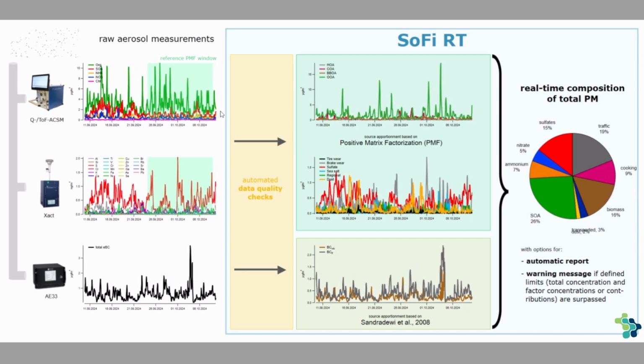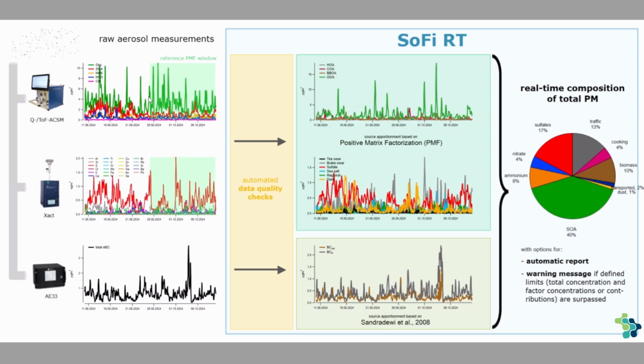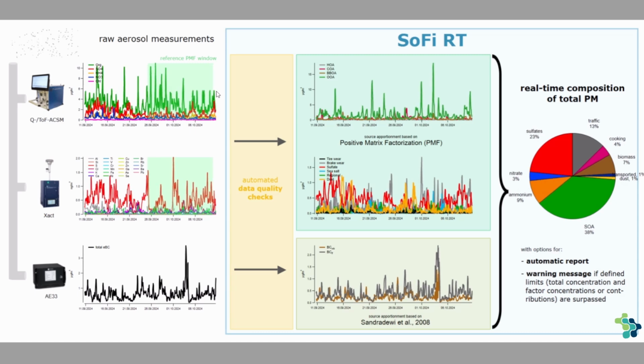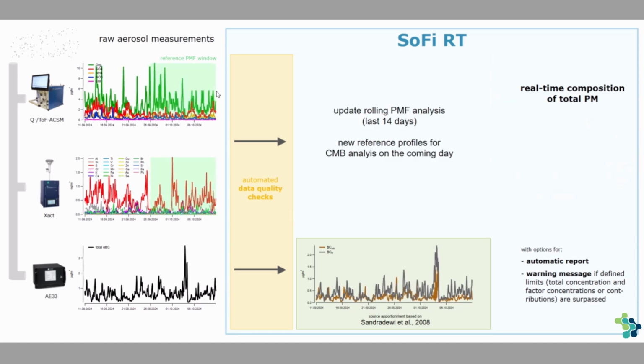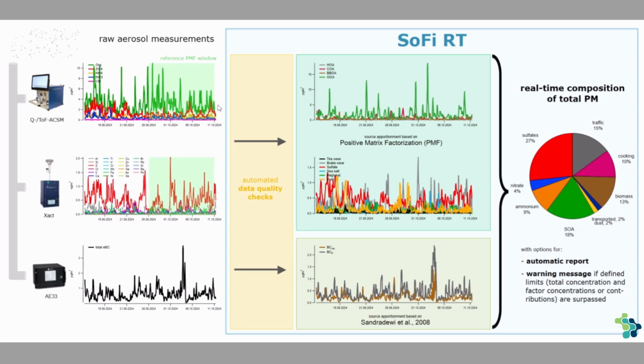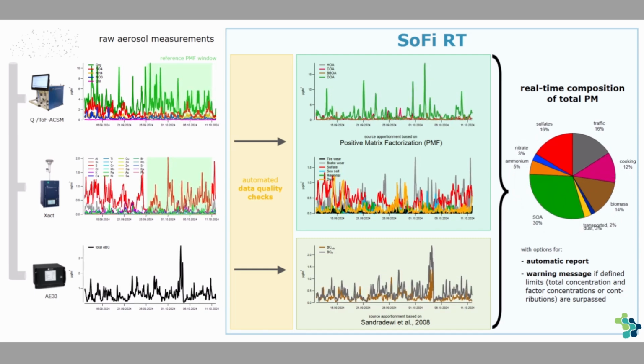Once this current day is over, the window, the blue rectangle, is basically shifted by 1 day. It will happen soon. Now it's shifting. It's again performing sophisticated and advanced PMF analysis, and then this new PMF result is the basis for the next current day for the CMB, and so on.